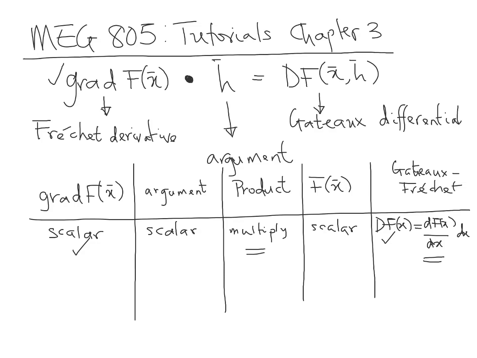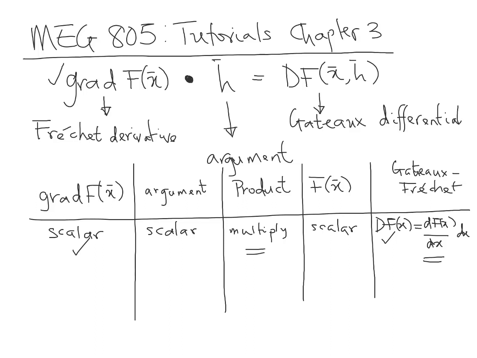Because if your grad f of x is a scalar, your argument is a scalar, and the function you are given is a scalar, then the product here can only be a scalar multiplication. It cannot be a dot product, because you can't carry out a dot product between a scalar and a scalar. It cannot be a dyad product, a vector cross, or a contraction.